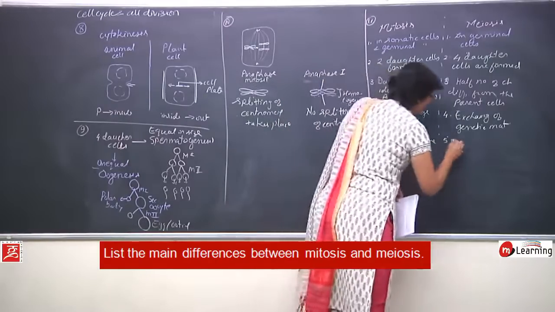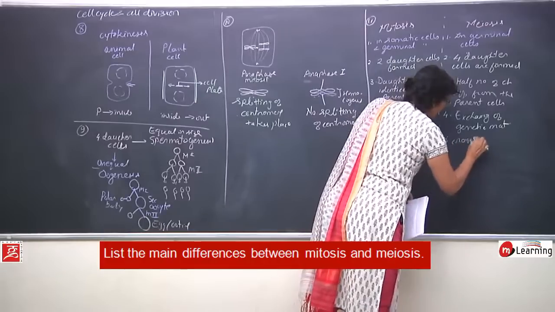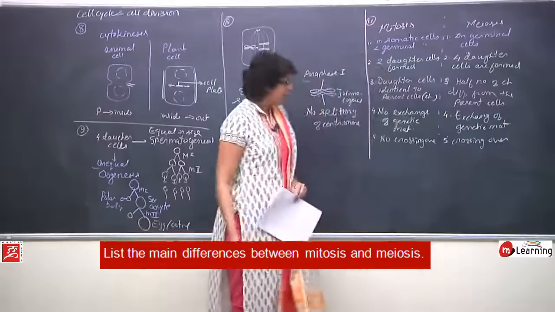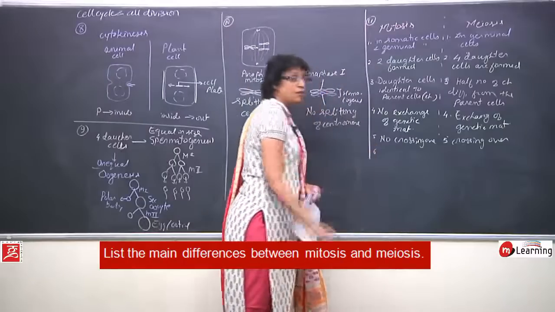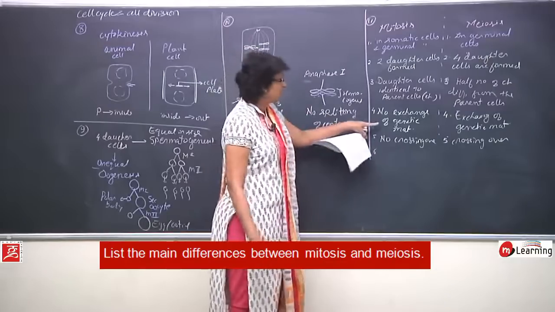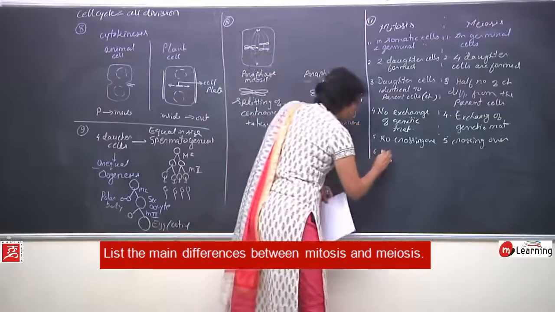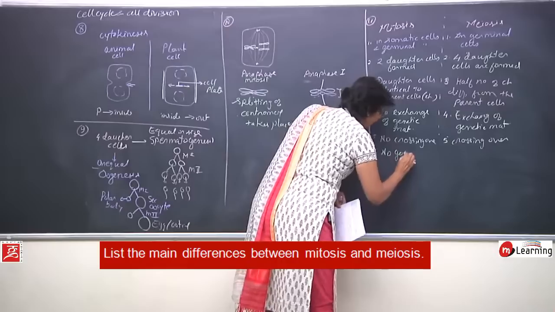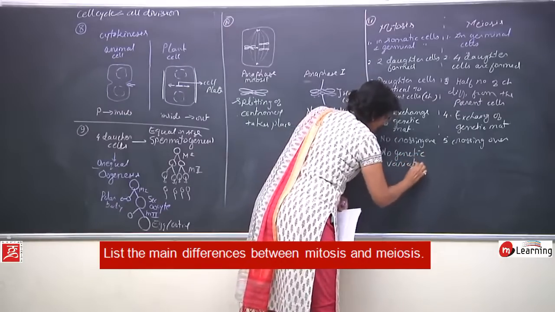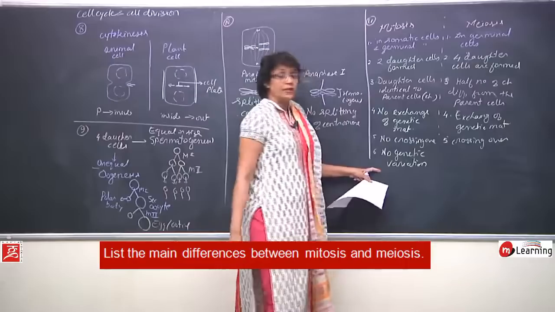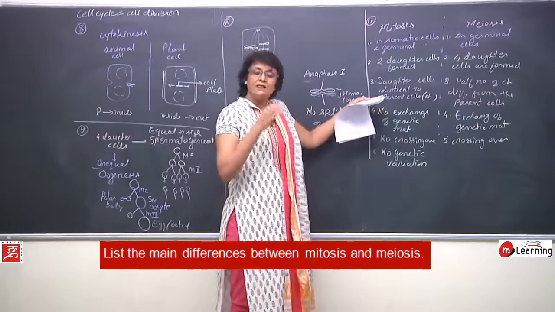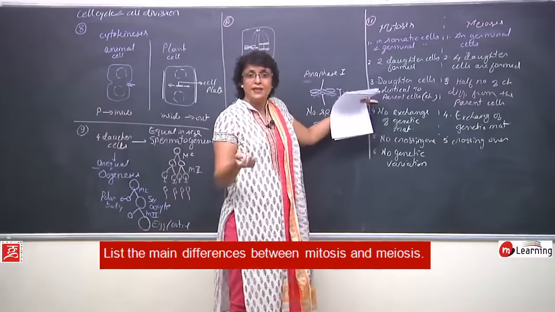Here in case of meiosis, crossing over takes place. In case of mitosis, there is no genetic variation because exchange has not taken place. So, because of this, the parent cell and daughter cells are same because they have the same genetic material copied as it is.